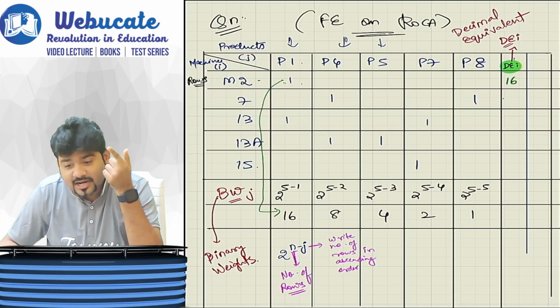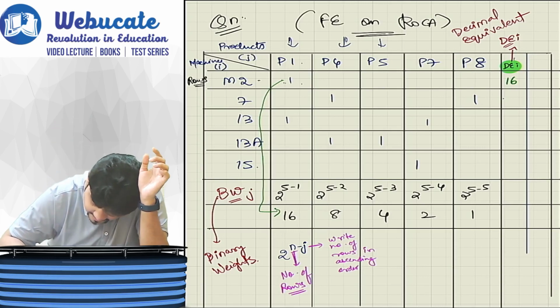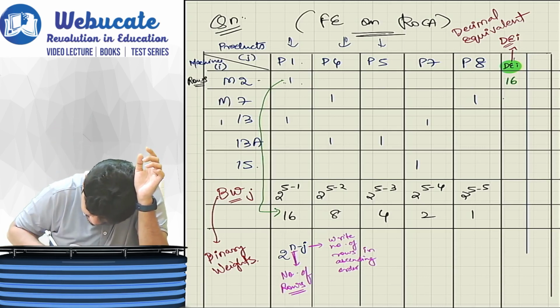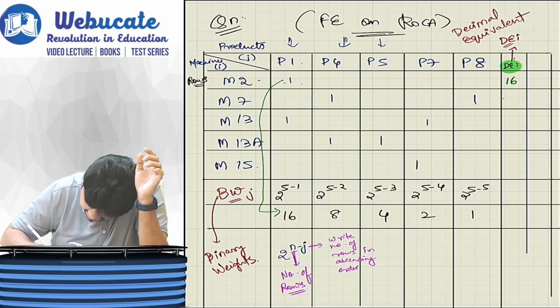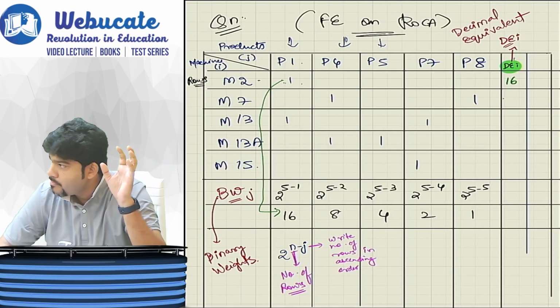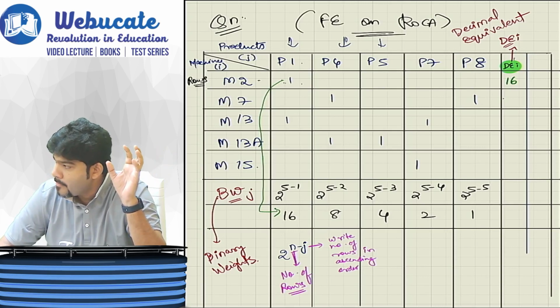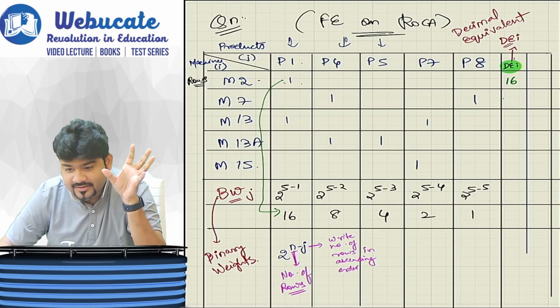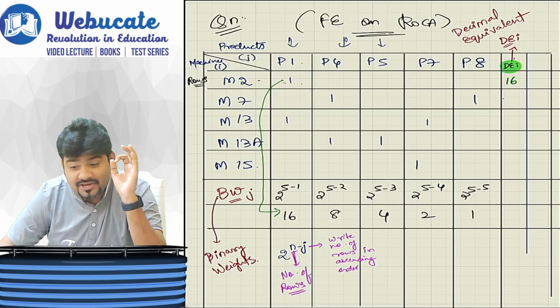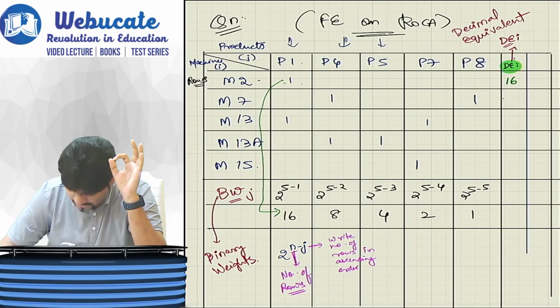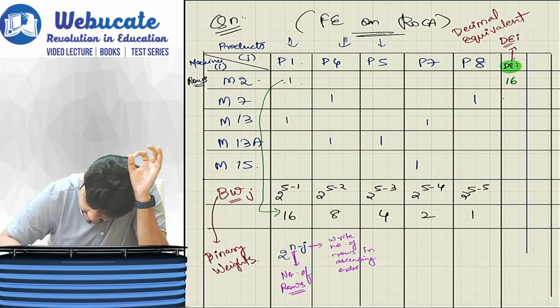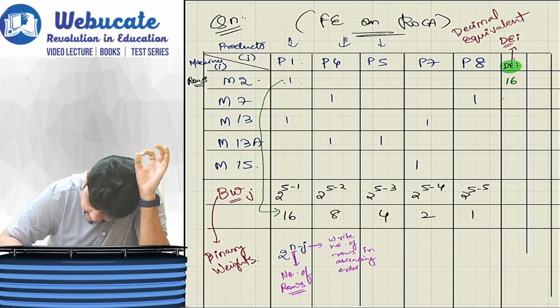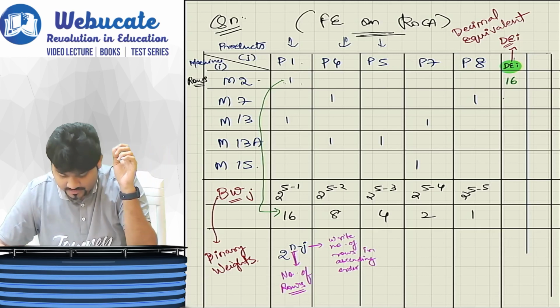Again I will do it. Come to the next row, M7. Now M7, what do you see there? In M7 there is P4 and P8. Right?